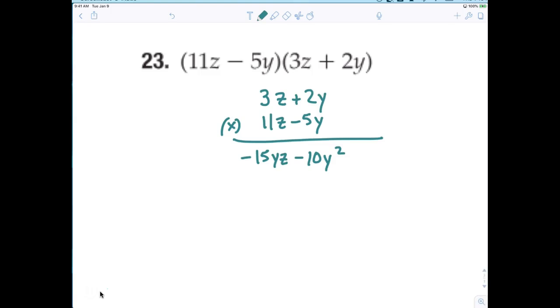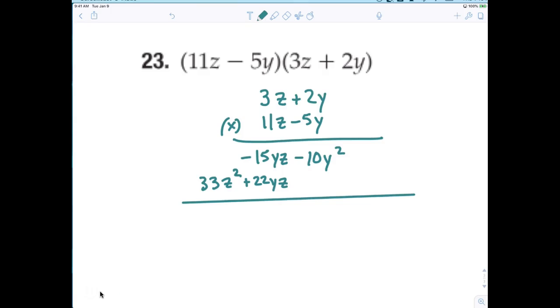Then it becomes negative 15YZ. Now, for whatever reason, I just write in alphabetical order. If you wrote ZY, would I care? No. But generally, you just write in alphabetical order. Then I'm going to get positive 22YZ, and then 33Z squared.